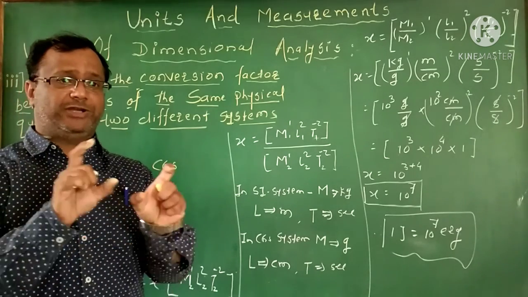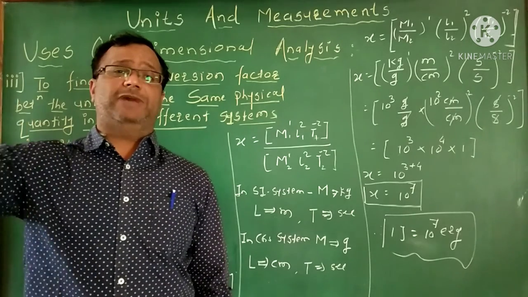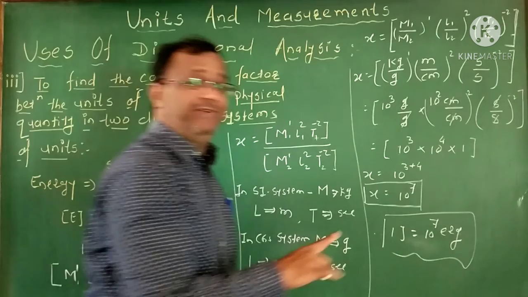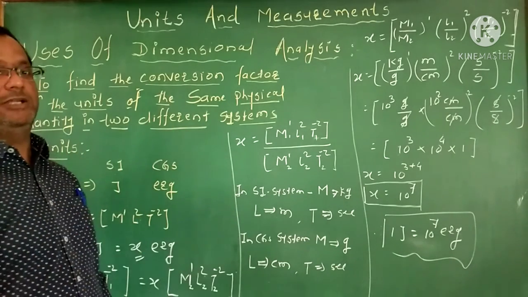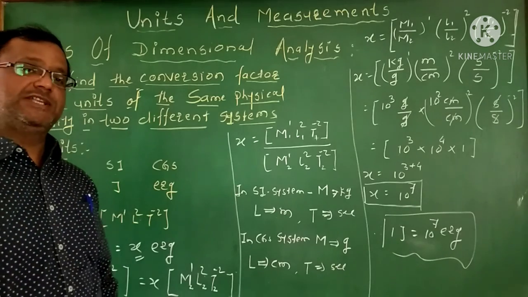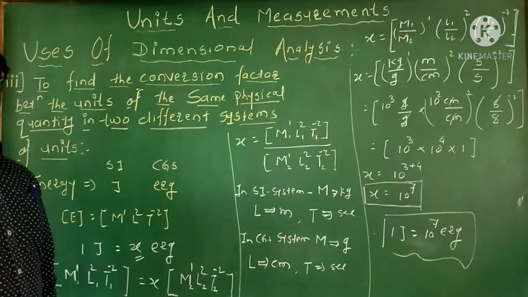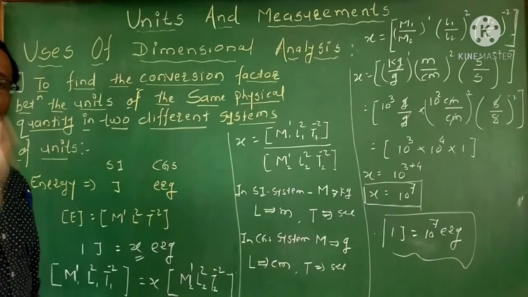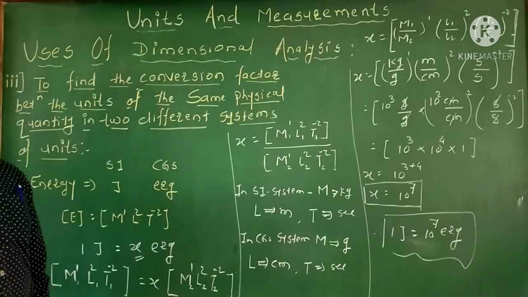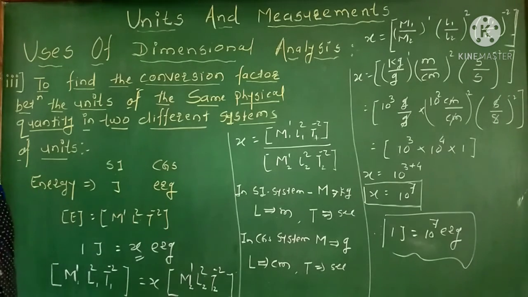If we want to convert the joule into the erg, then we simply multiply by 10 raised to 7. Here 10 raised to 7 is the conversion factor of SI system to CGS system. Right? In this way, we find out the conversion factor of a unit of the same physical quantity but in two different systems of units. See all the equations once.